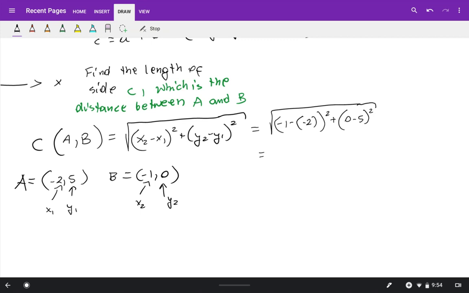First simplify the expression under the square root: -1 plus 2 gives us 1 squared, plus -5 squared. 1 squared is 1, -5 squared is 25, so 1 plus 25, square root of 26. So we end up with the square root of 26.